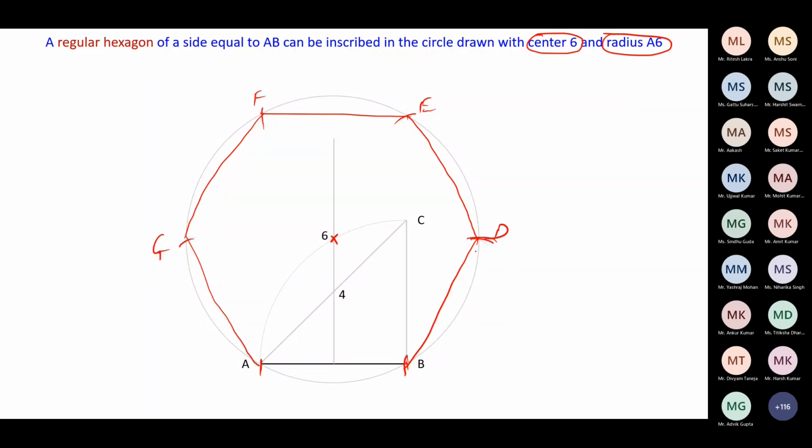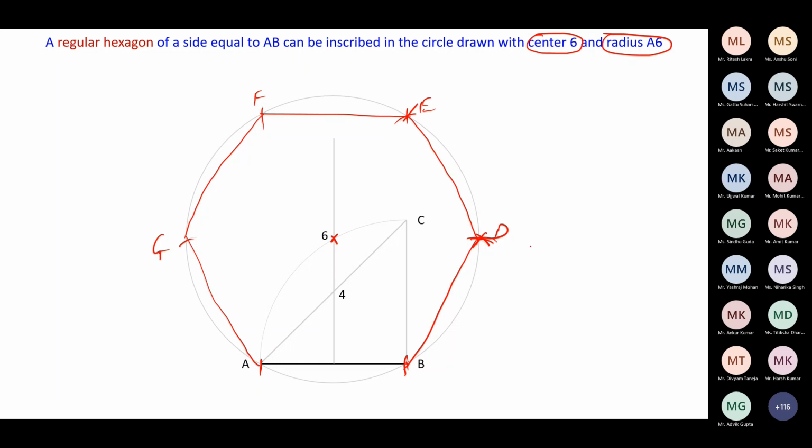Then once we got this point, let's say D, we keep one point here and with the other point, the pencil, we mark here. Similarly, we are shifting the point of the compass from point to point. So this is simple.